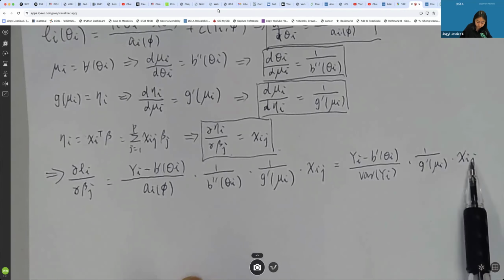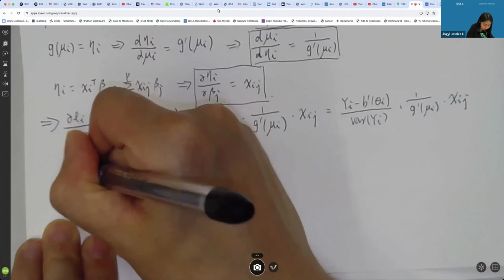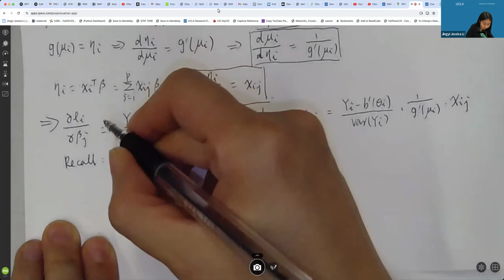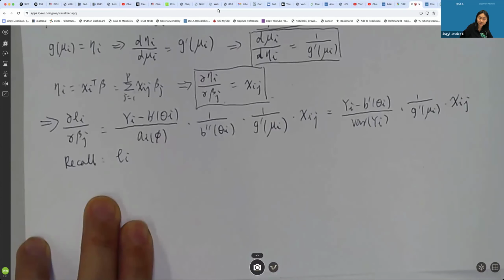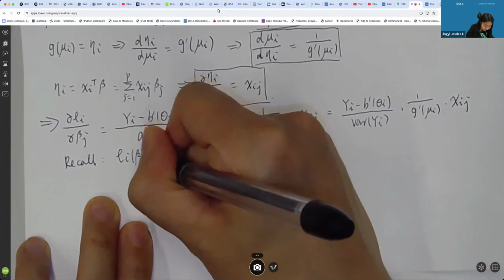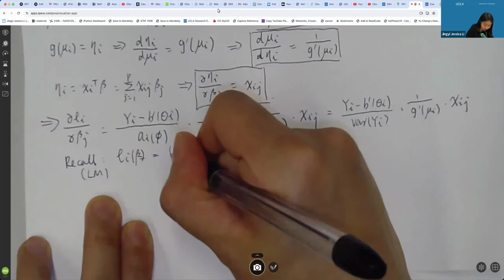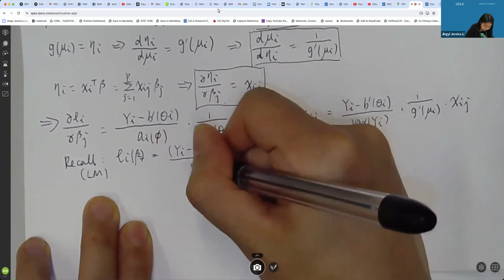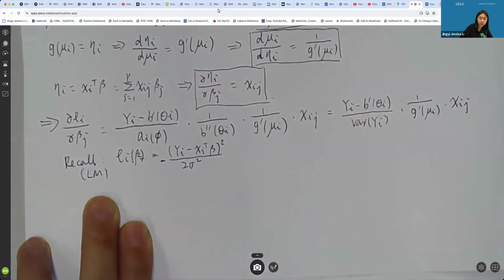Maybe let me go one more step in the previous case. Recall that when we take the log likelihood in the linear model case, Li beta is just the negative of yi minus xi transpose beta, squared, over 2 sigma squared, plus some constant.